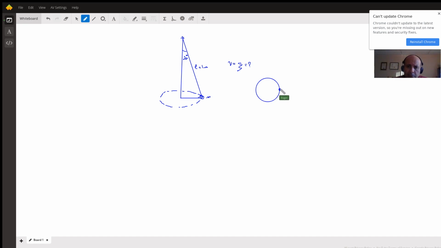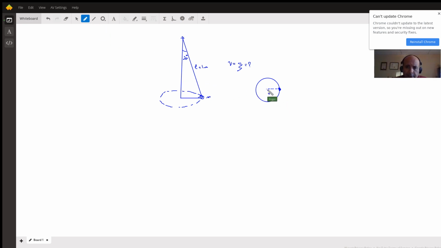We do not know the time, we're not given it, but the ball will have a radius of rotation, which is going to be little r here. That radius of rotation is little r.